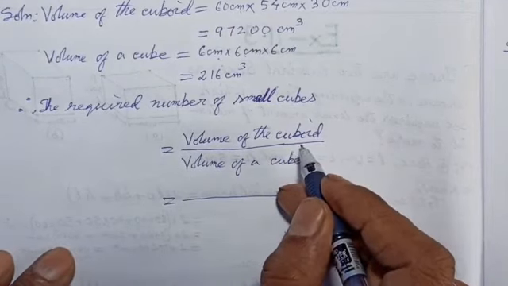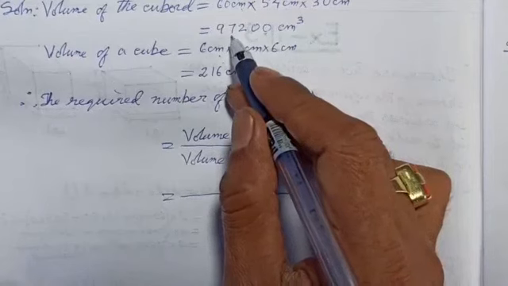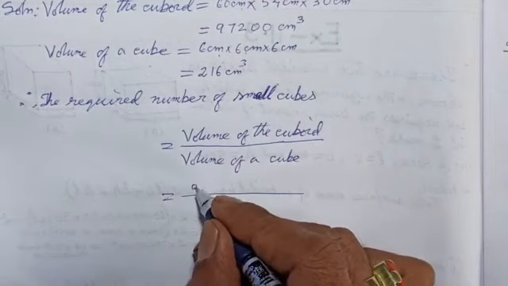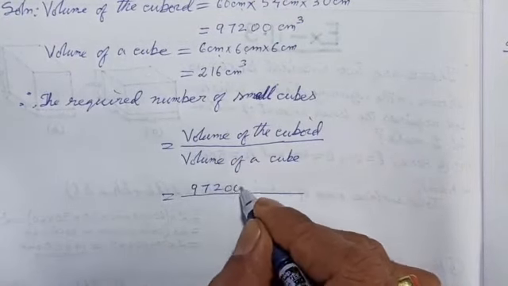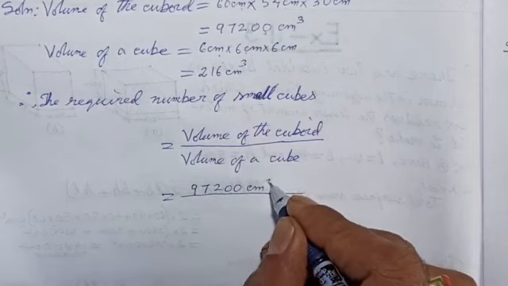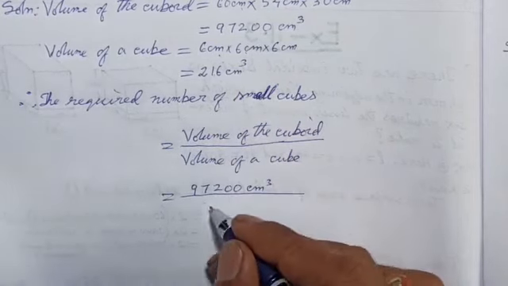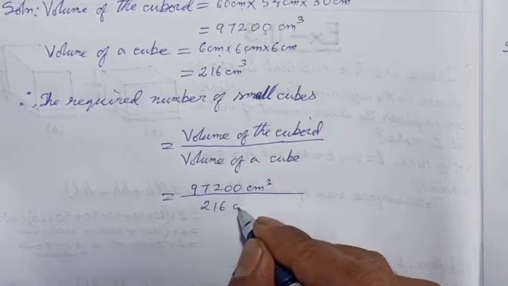Volume of the cuboid is this, so 97200 centimeter cube, and volume of the cube is this 216 centimeter cube.